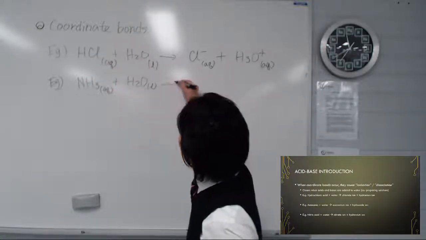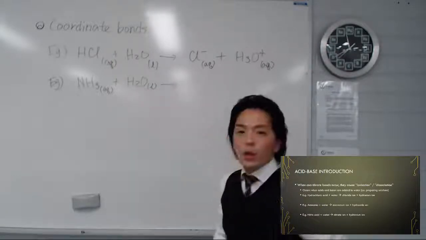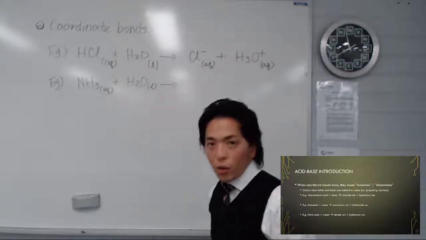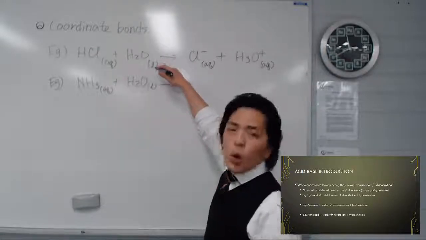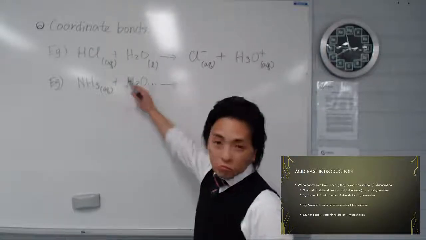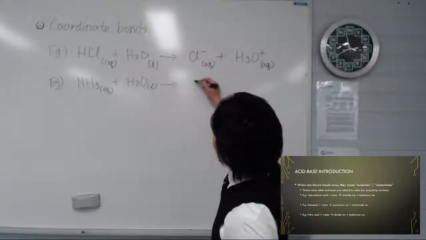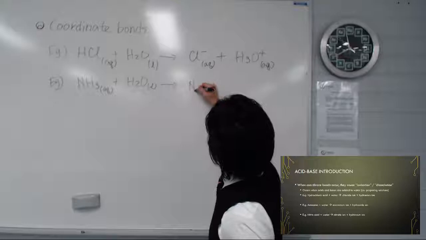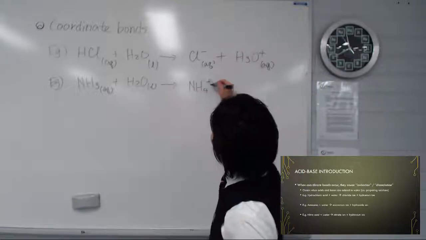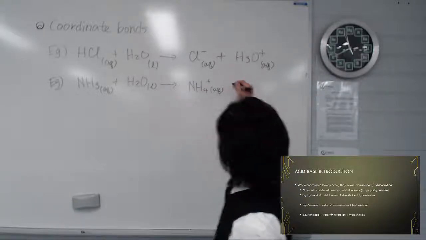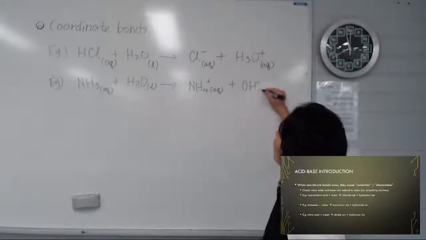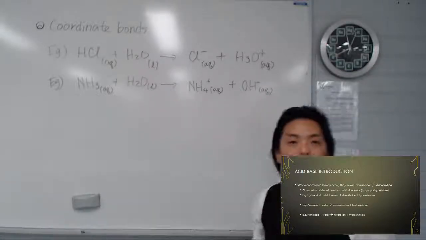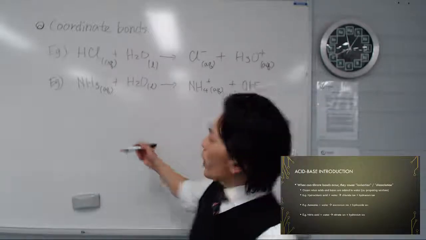So a base is added to H2O. What's going to happen? The ionization occurs because nitrogen can make a coordinate bond with this hydrogen. That'll be the proton. So you will have NH4 plus ion dissolved, and left over from the water molecule, that is OH minus, the hydroxide ion.